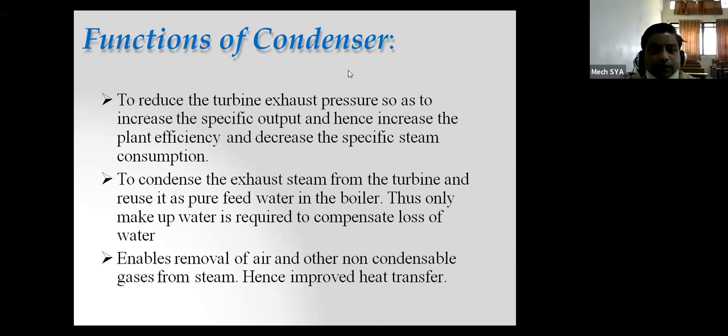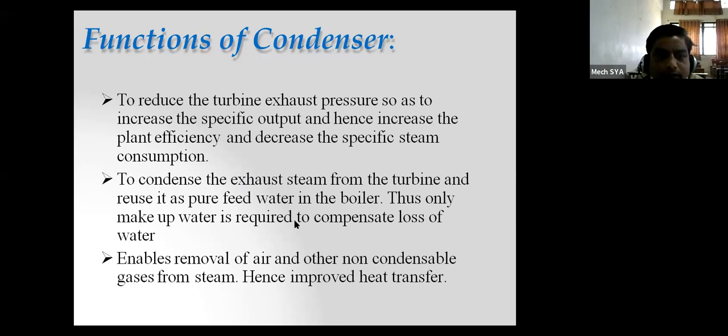So the function of the condenser is to reduce the turbine exhaust pressure, and we know that the condenser pressure is inversely proportional to Rankine cycle efficiency. If the condenser pressure is very low, then definitely efficiency will be more. It also condenses the exhaust steam from the turbine into pure water, pure feed water, and that can be reused in the boiler.